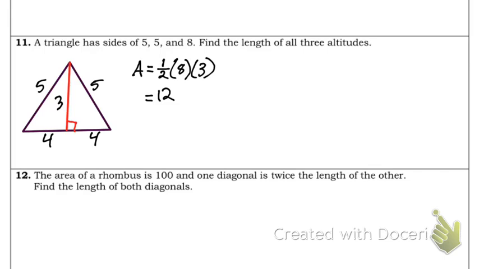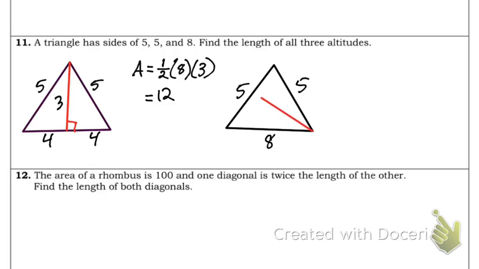Because if I redraw this triangle again, let's go ahead and do this. I'm going to leave it in the same order where this is 5, 5, 8. But this time I'm going to find this altitude, okay? I'll call that my h that I'm looking for.